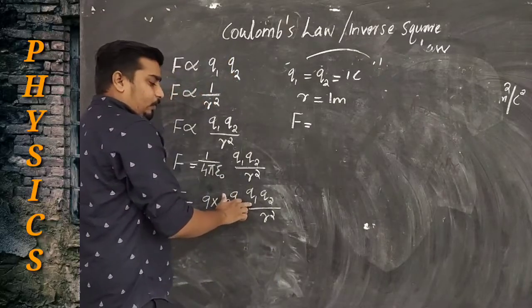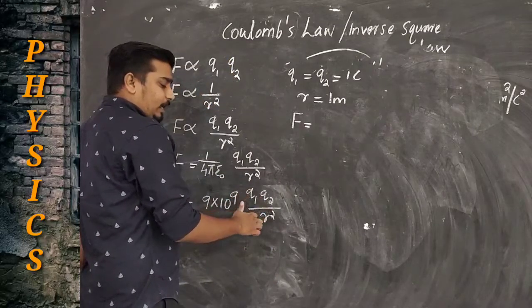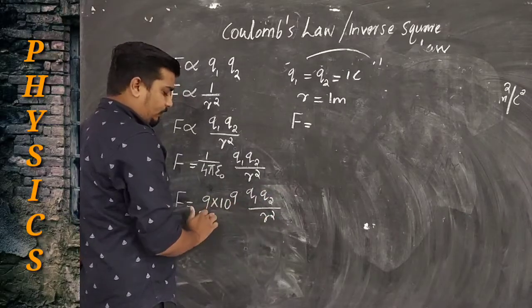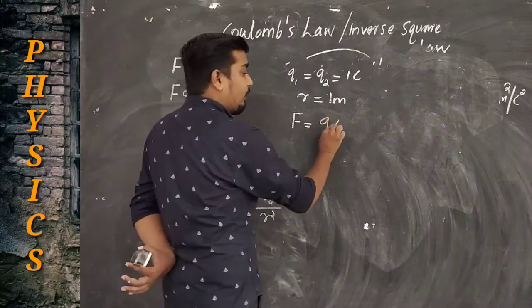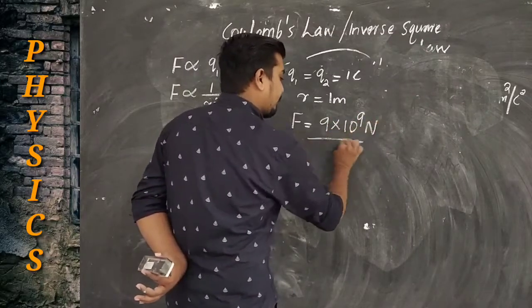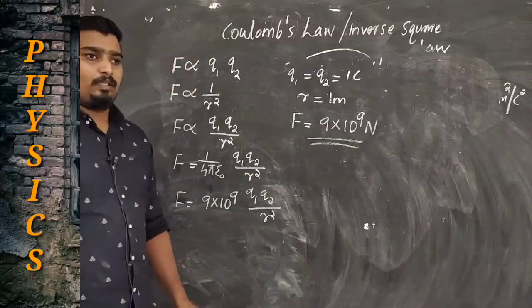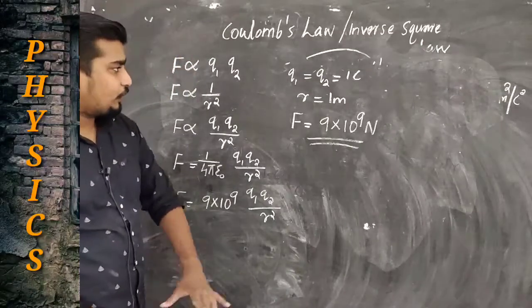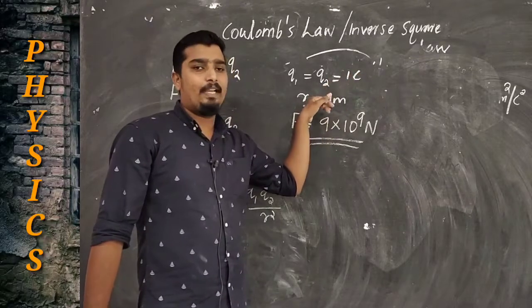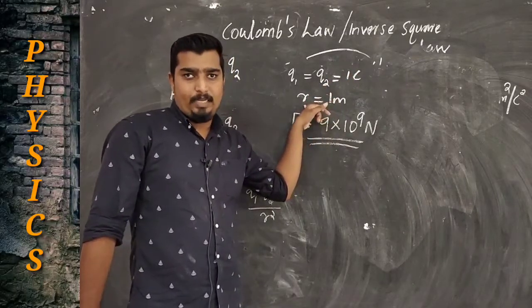Here Q1, Q2 and R are all 1, so this term goes to 1. F equal to 9 into 10 raised to 9 Newton.